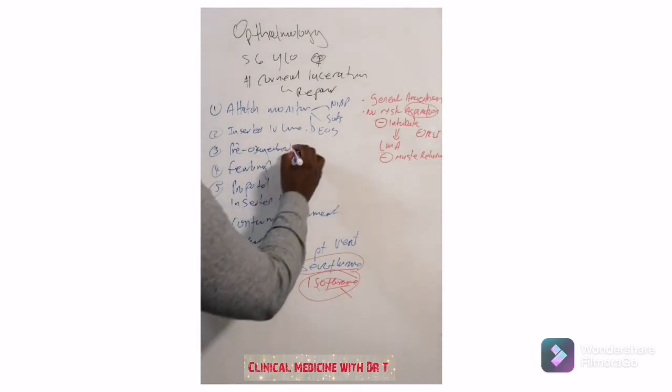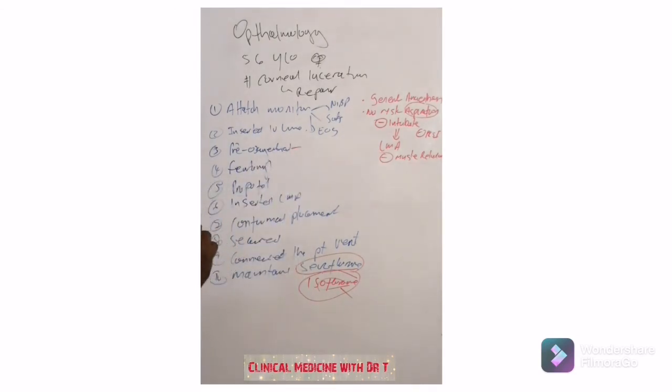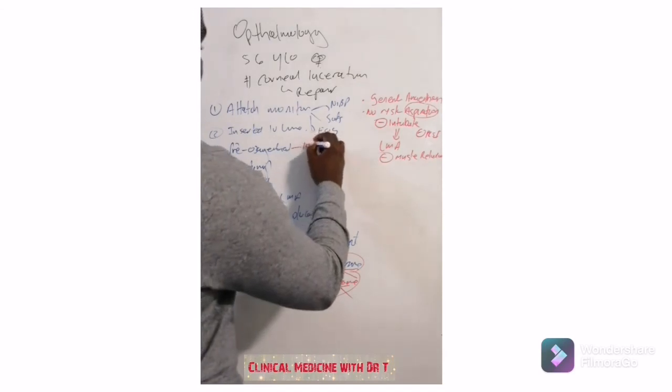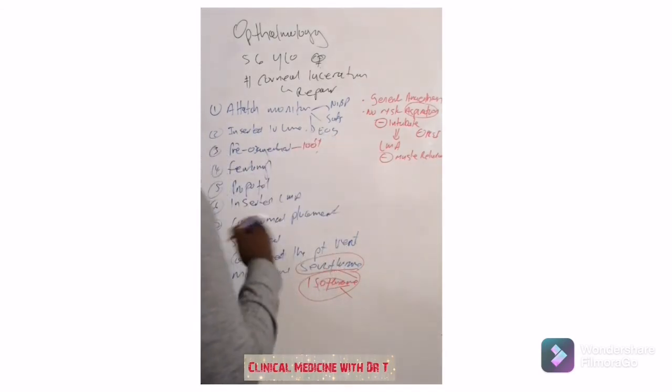So remember, we've spoken about pre-oxygenation. Pre-oxygenation is all about replacing the nitrogen in the lungs, making sure that we've got a lot of oxygen in the lungs. So they call it a nitrogen washout and oxygen wash-in. It's done with 100% oxygen.